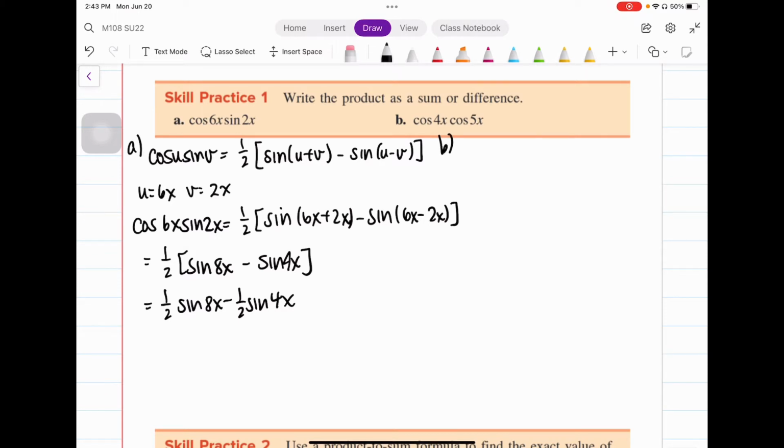For part B, we have cosine times cosine. Cosine is going to be the formula cosine u minus v plus cosine u plus v times 1/2. In this problem, u is 4x and v is 5x.